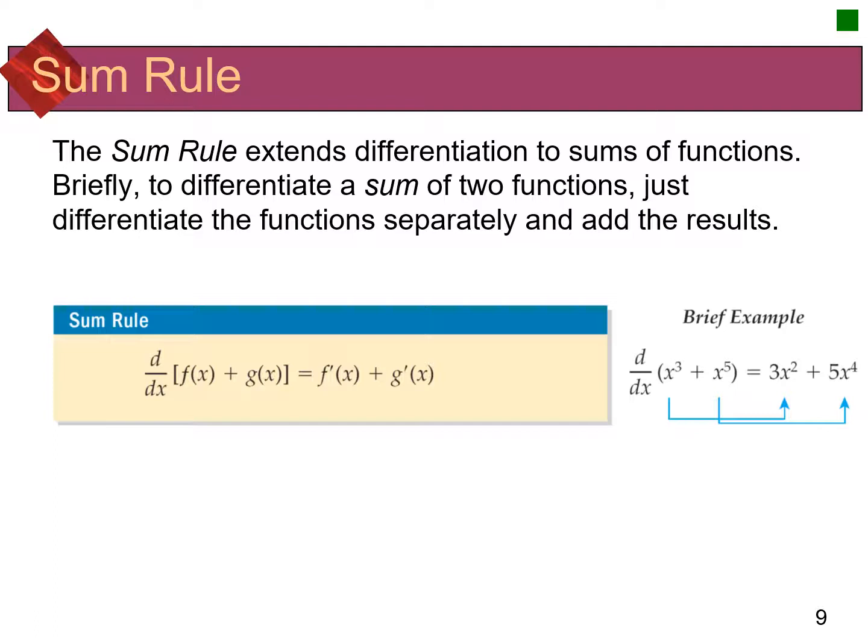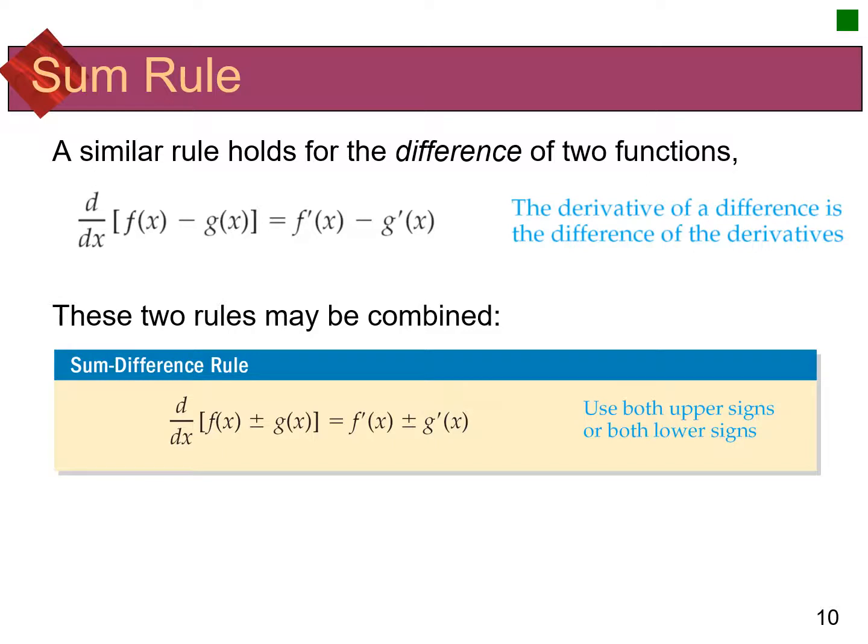Essentially the sum rule also falls into differences as well. If I take the derivative of two different functions being added together, it's like taking those two individual functions separately, taking their derivatives, and then adding the results together.